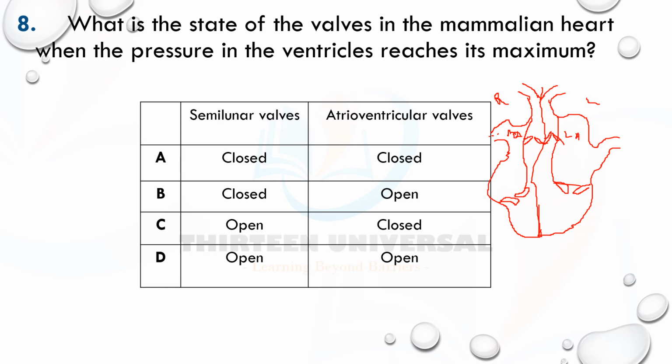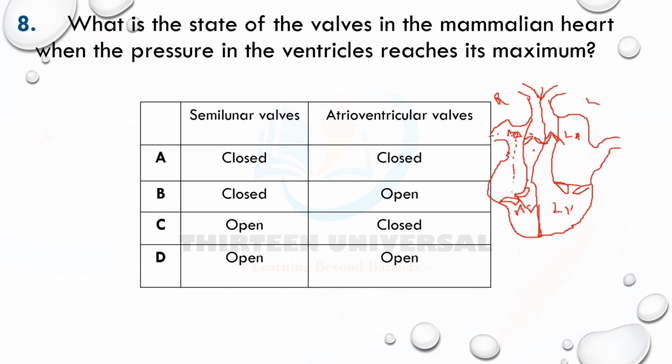This is the right ventricle, a lower chamber, and this is the left ventricle. So blood enters the atria and then is pumped into the ventricles.